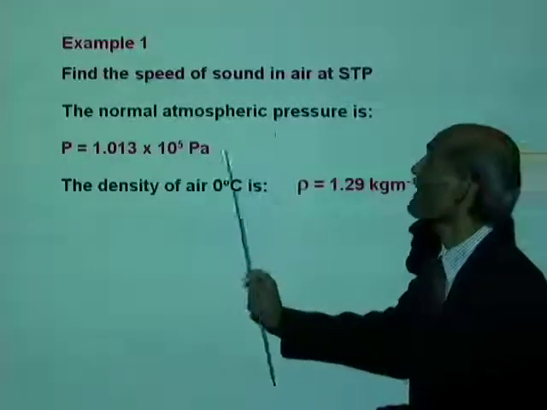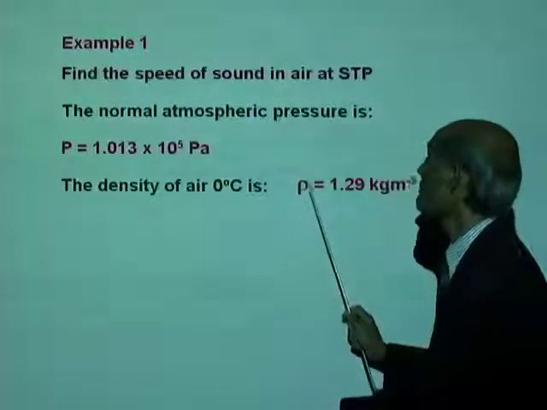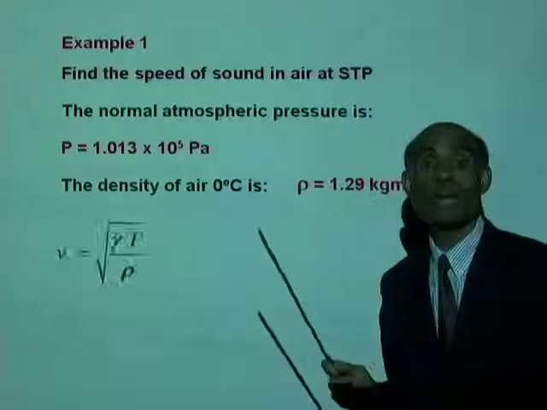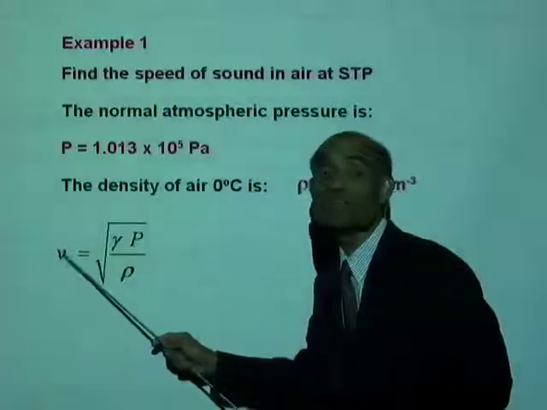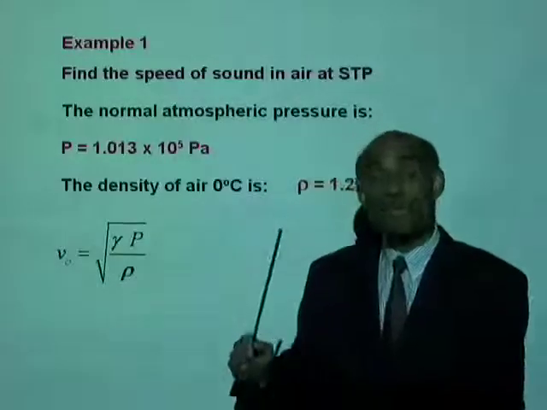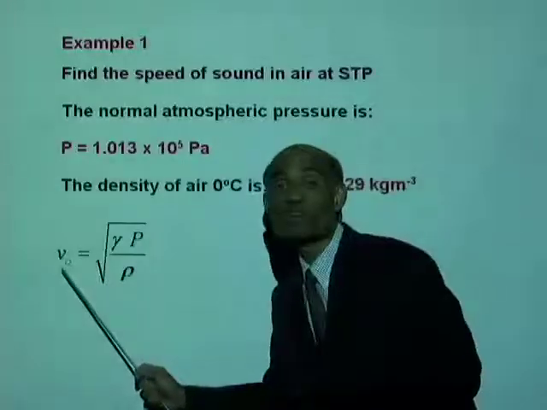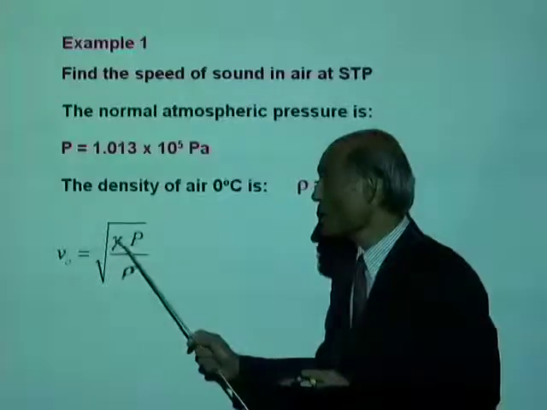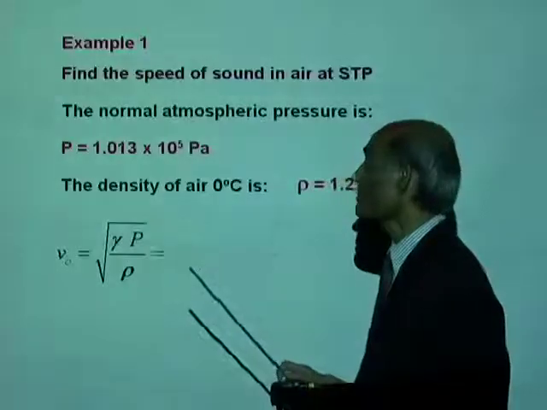So we got the value of P, we got the value of density, and you know the value of gamma. We have V0, the velocity or the speed of sound at 0 degrees Celsius, STP, standard temperature, is square root gamma P over rho.